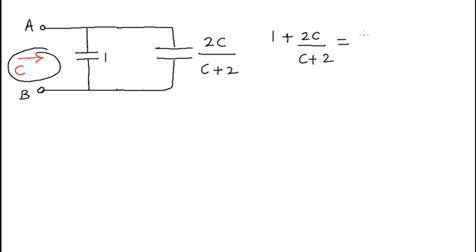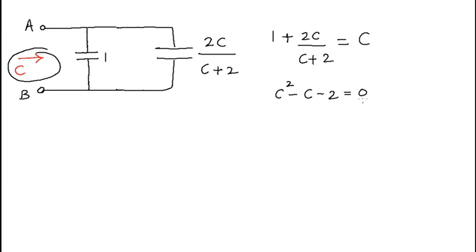So on the right hand side of the equation I write C, and then when I simplify this equation, I get a quadratic, which is C square minus C minus 2 is equal to 0.